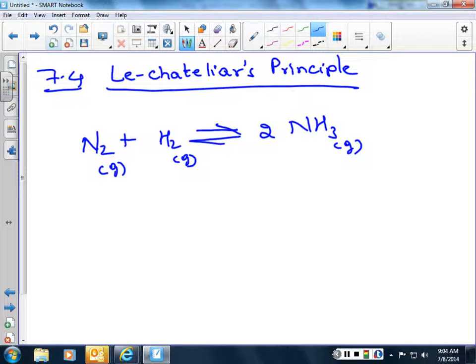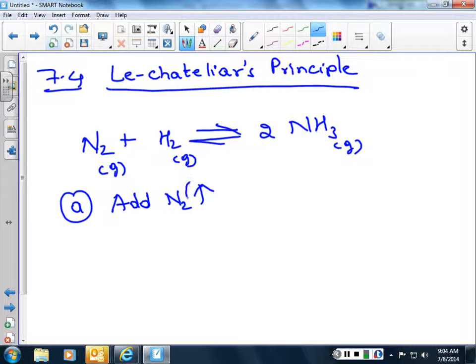According to this, since K is a constant, what happens if you add nitrogen? Let's assume we are doing this reaction and we are adding nitrogen; in other words, you increase nitrogen.